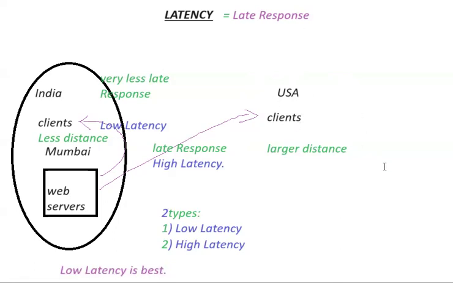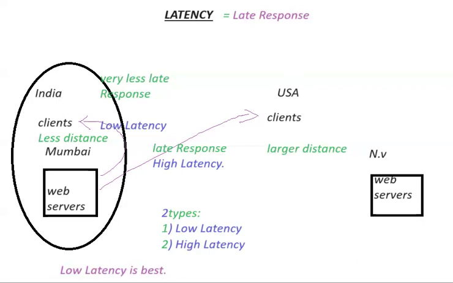I again need to create my web servers in the USA region as well. Let's say in North Virginia. In North Virginia, I created my web server to provide a low latency response to my USA clients.